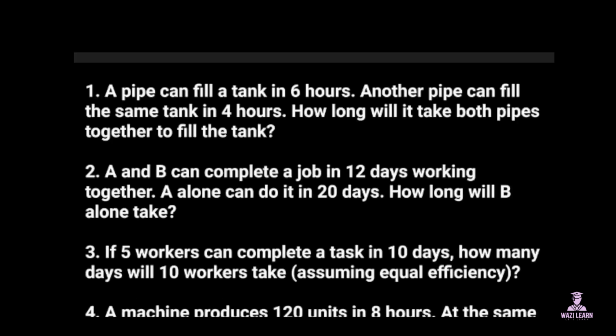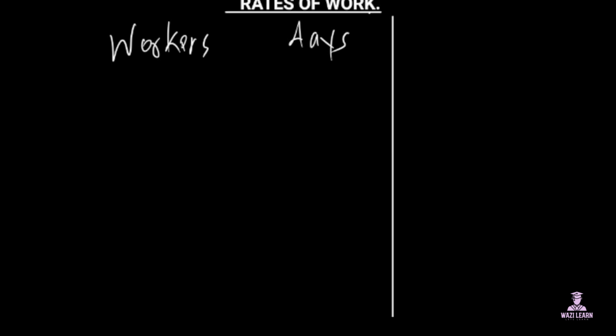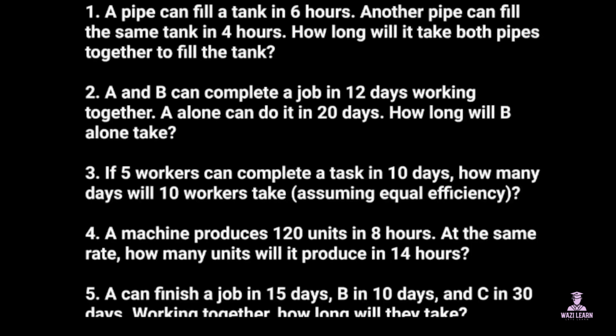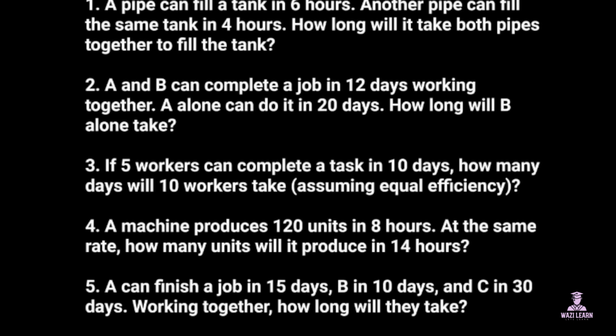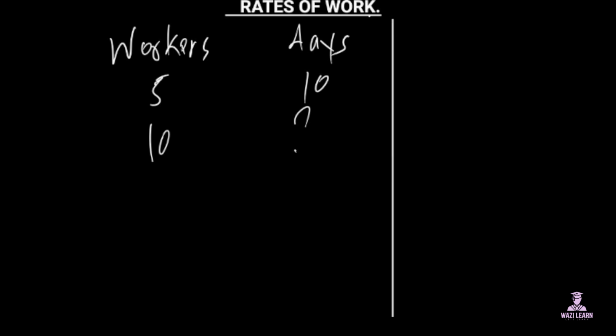So we have 5 workers can finish the task in 10 days. What about 10 workers? If 5 can finish in 10 days, 10 workers will finish in less. So here will be fewer days.